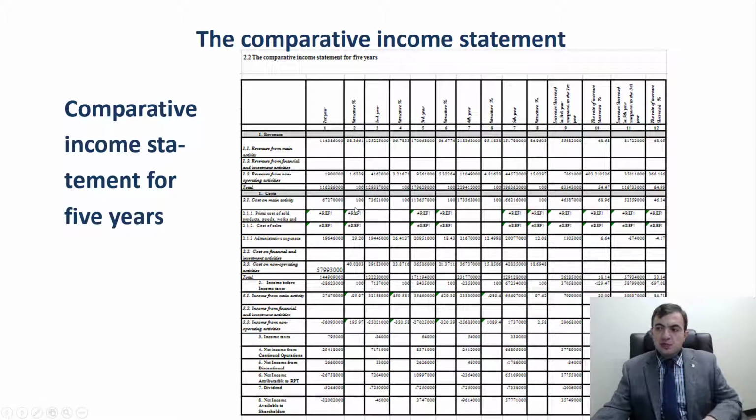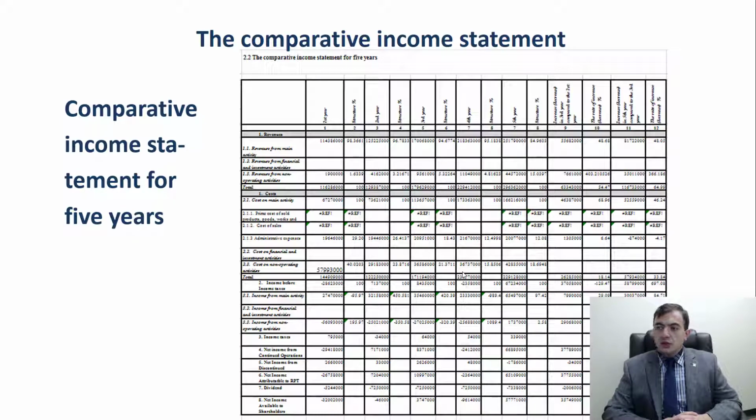Then, using formulas, we will be able to calculate the structure of revenue, structure of expenses, and structure of income in percentages. So for each year we will have the structure of each item.